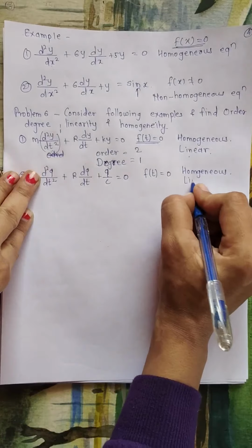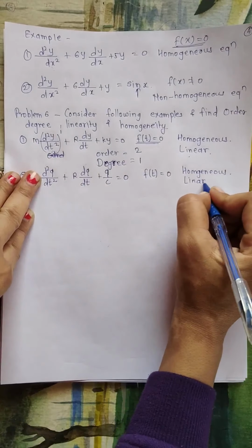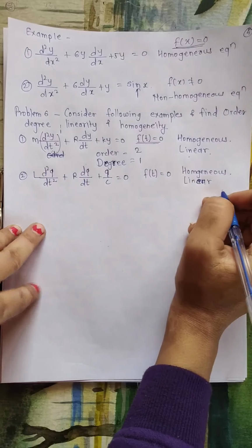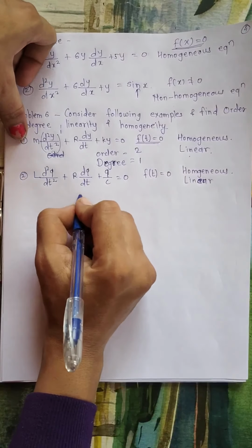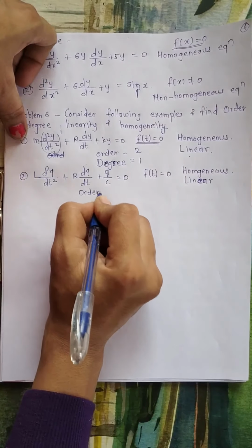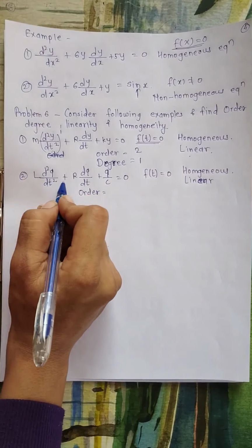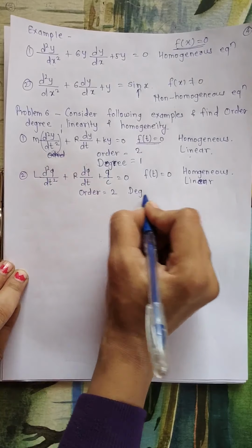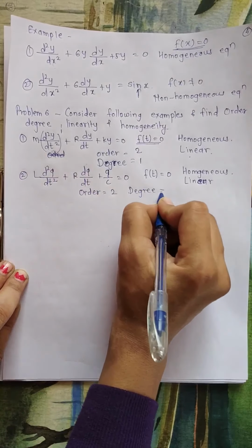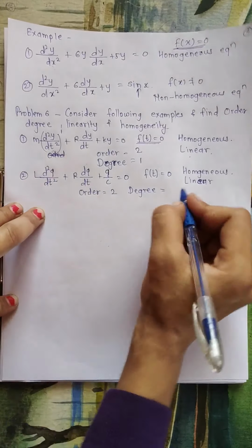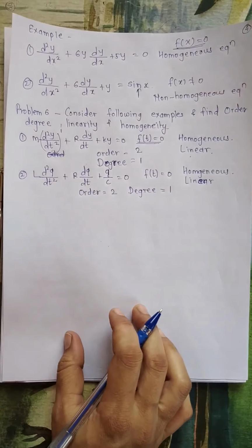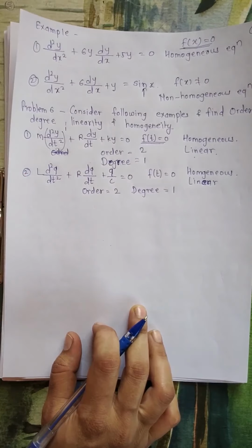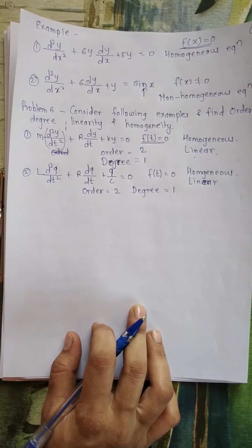This means this is also a linear differential equation. So this is a homogeneous linear differential equation, and let's find its order, that is the highest order term. Here it is 2, and the degree of this equation, that is the power of the highest order, is 1. So this is a homogeneous linear differential equation of second order having degree 1.